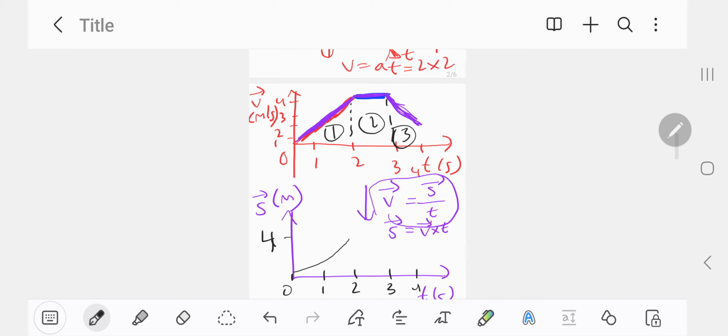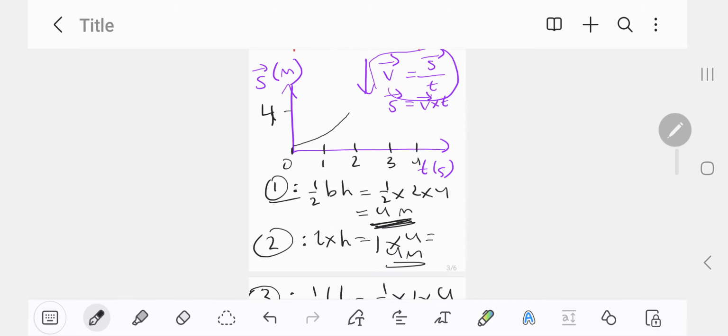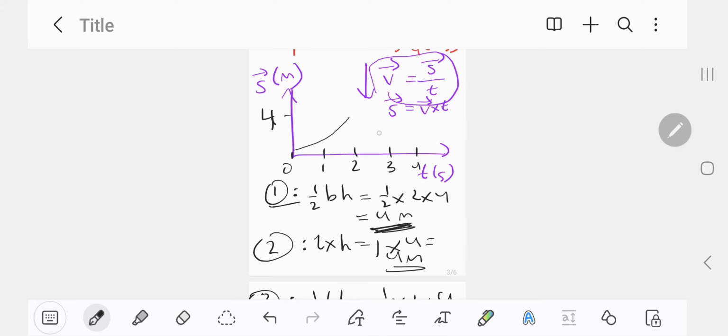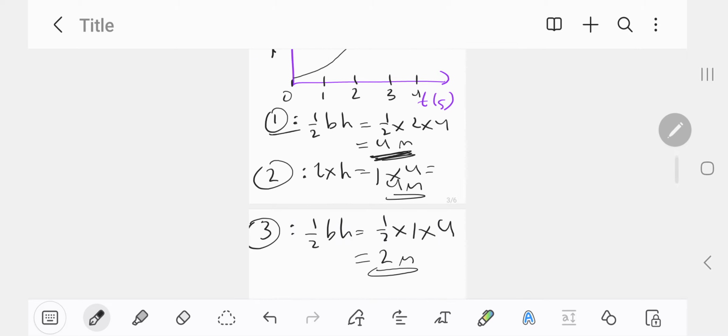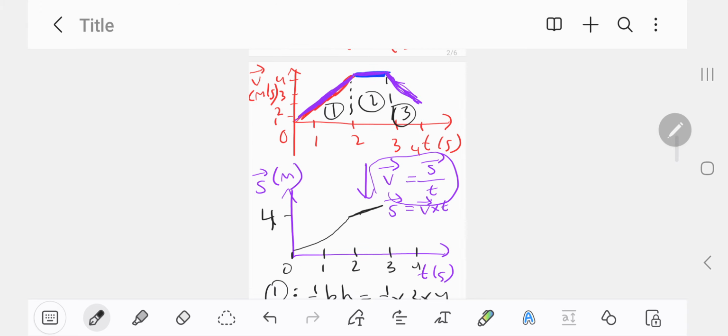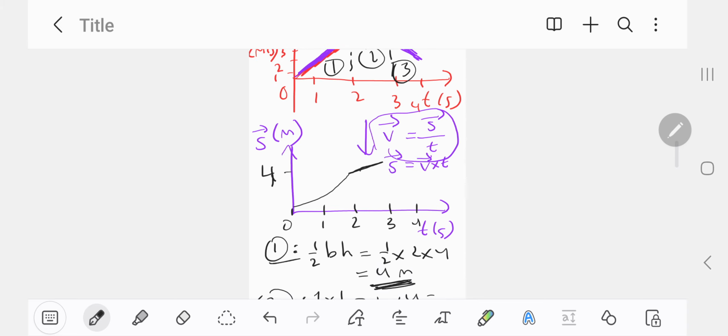And then between 2 and 3, the second segment, the acceleration is 0, but the velocity is constant. So another 4 meters, going in a straight line, in a linear fashion. And then for segment 3, it's decelerating, but the displacement is 2 meters, so it goes back down linearly like that.